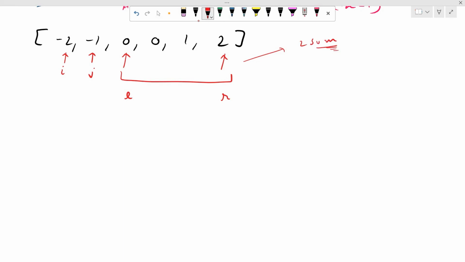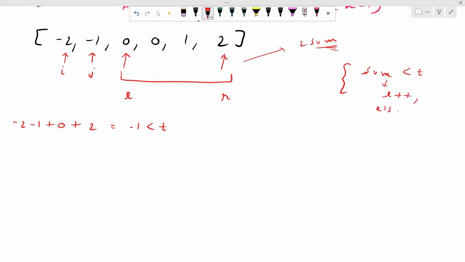So now we'll try to calculate the sum, right? So initially -2 -1 plus 0 plus 2. This will be equal to -1, since this value is less than the target value. So whenever we find the sum to be less than the target value, we'll increment the left pointer.